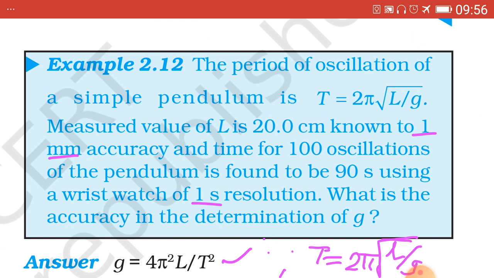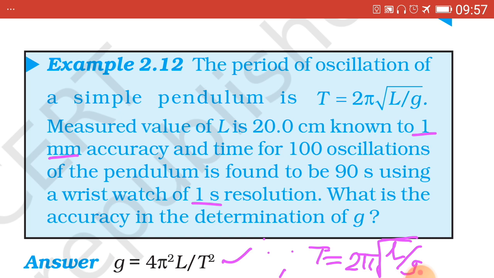The period of oscillation of a simple pendulum is capital T equal to 2 pi under root L upon G. Measured value of L is 20.0 centimeter, known to 1 millimeter accuracy, and time for 100 oscillations of the pendulum is found to be 90 seconds using a wristwatch of 1 second resolution. What is the accuracy in the determination of G, that is small g? Now we refer its solution.